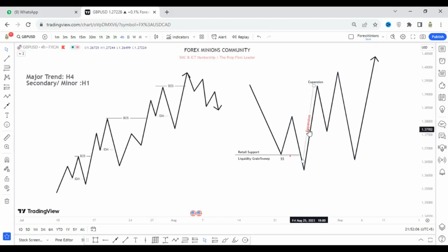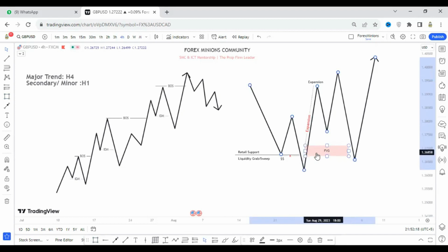This expansion must have a fair value gap or liquidity void inside it, something like that. When the market expanded, this swing must have a fair value gap. Only when the market has a fair value gap will this setup be highly probable.